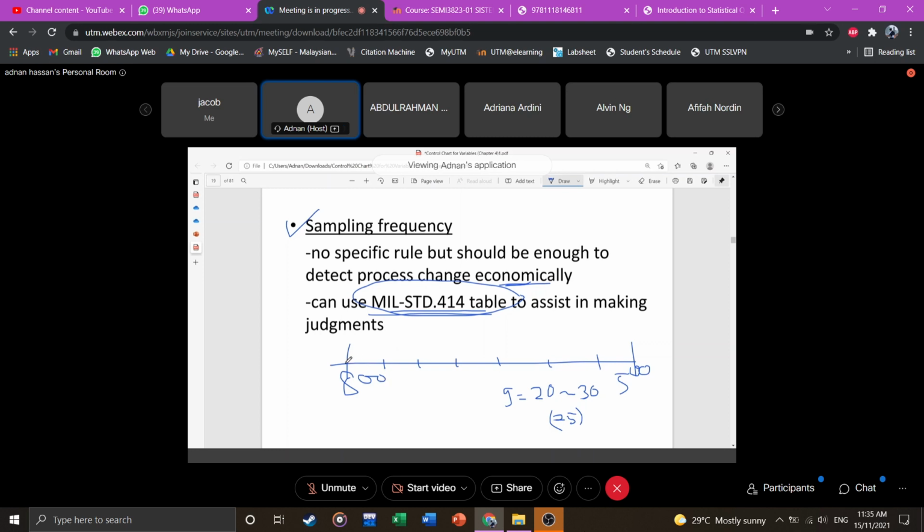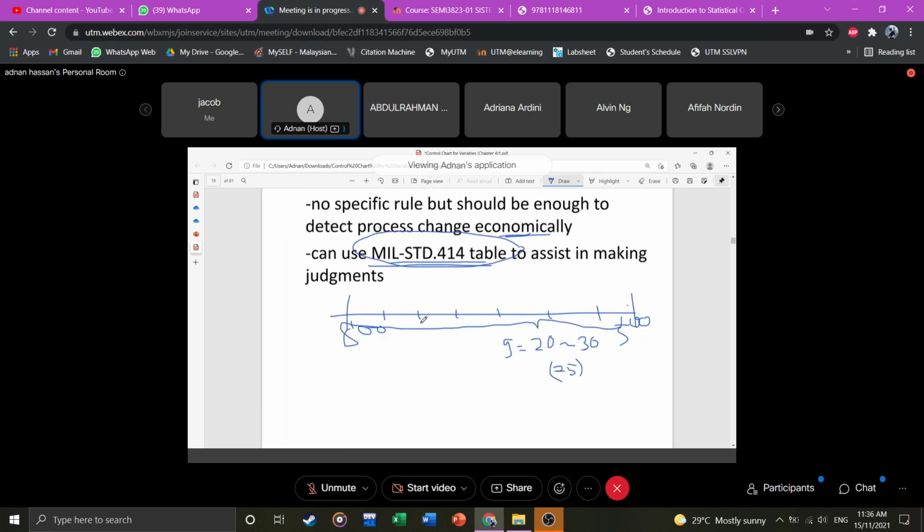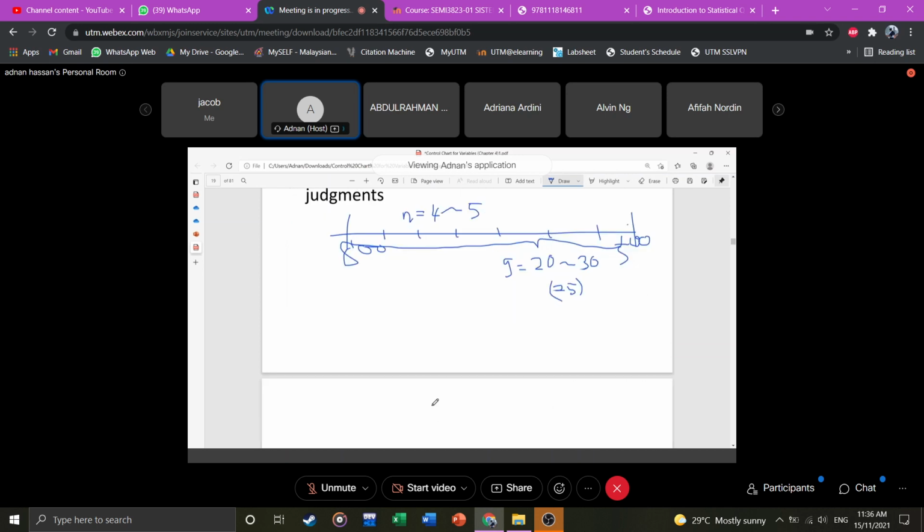Meaning that between here to here, you need this number, 25. Every time you take a sample, n equal to 4 or 5, it must be fixed. If you take 4, it must stick to 4. If you take 5, it sticks to 5. This is the general guideline for X bar chart.